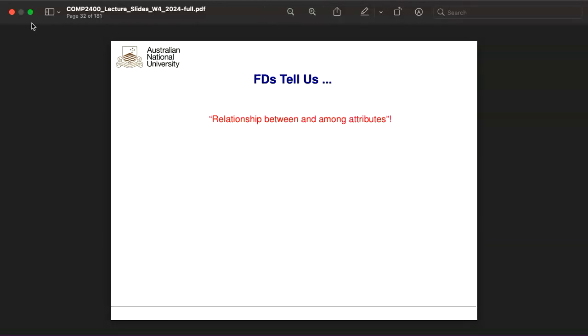Okay, so functional dependencies. In my experience, quite often, functional dependencies sound very theoretical. So why do we need functional dependencies? I think this is a question I have often been asked. Basically, functional dependencies tell us something about a relation. They tell the relationship between and among different attributes.